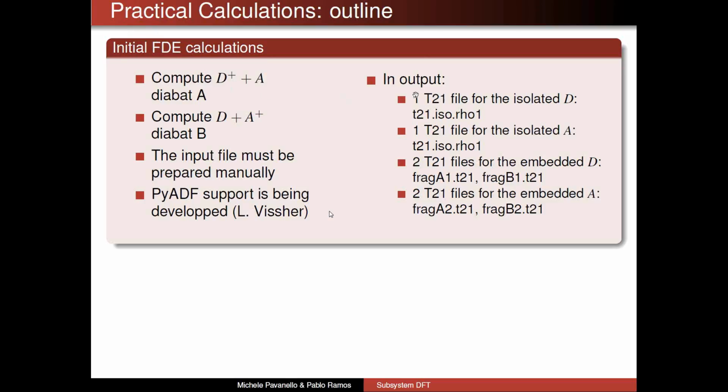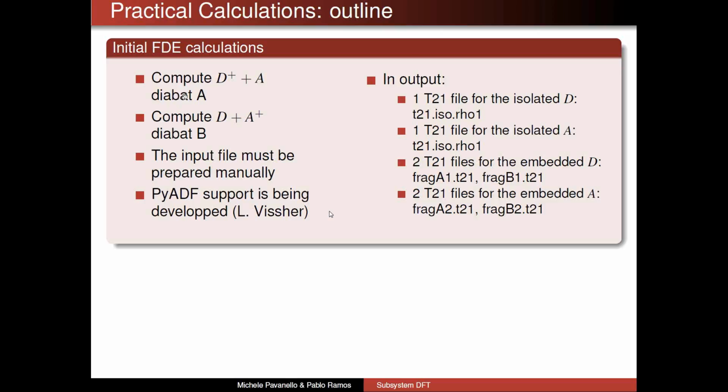That will generate several tape files. We'll generate the tape file for the isolated donor and acceptor molecules, and we'll generate tape files for the embedded donor and embedded acceptor molecules for the diabat A as well as for the diabat B. Diabat B is the reverse case in which the donor is now neutral and the acceptor is being calculated with a positive charge.